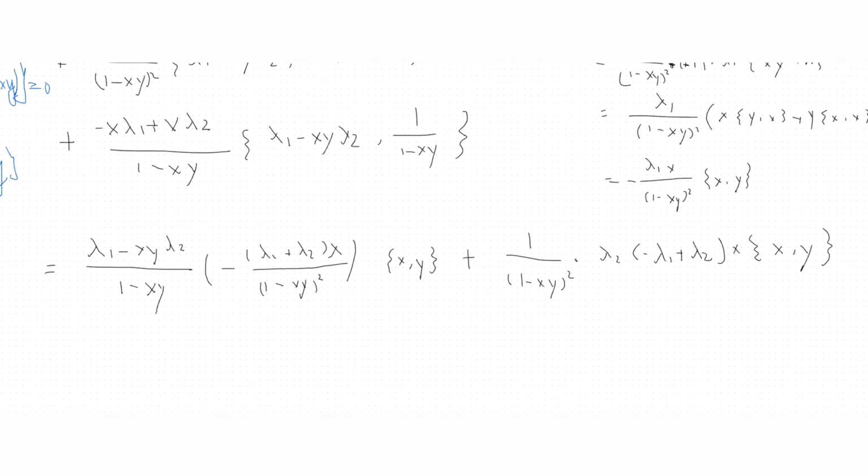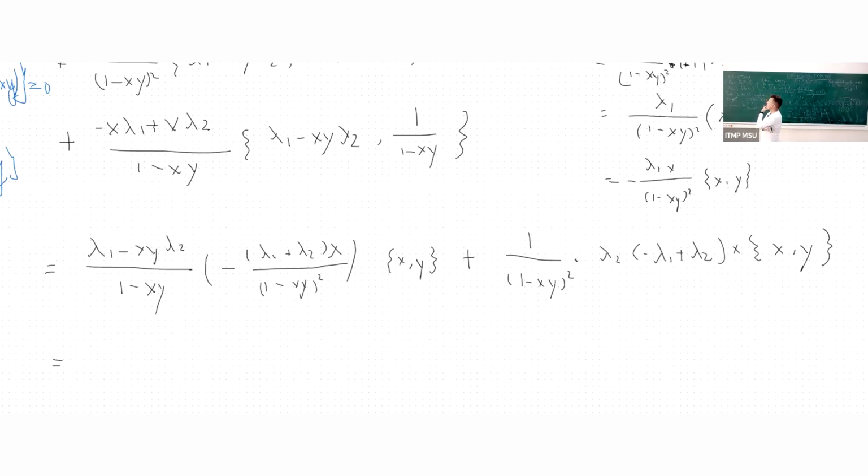Okay. And you know the answer. Maybe it's better to write the answer to subtract some factors. I suppose that the square of 1 minus x y will disappear. So we have this, the cube of 1 minus xy here, but we have just the square of 1 minus xy here.